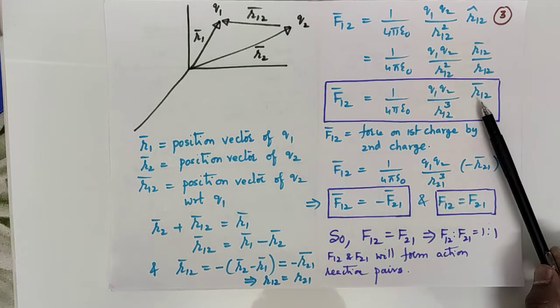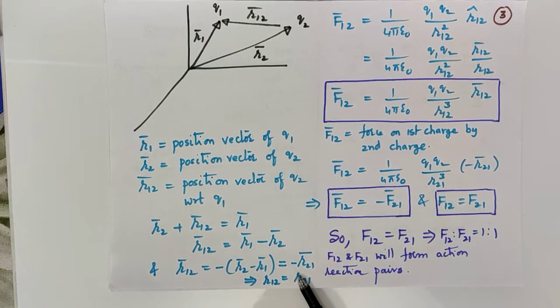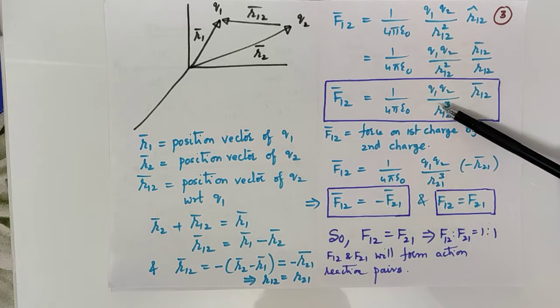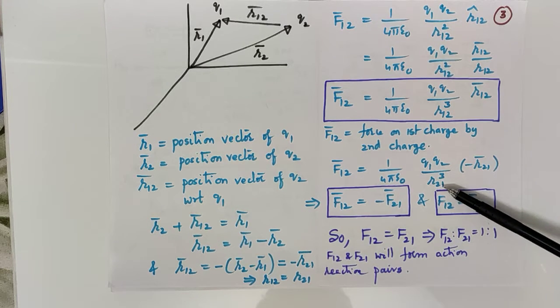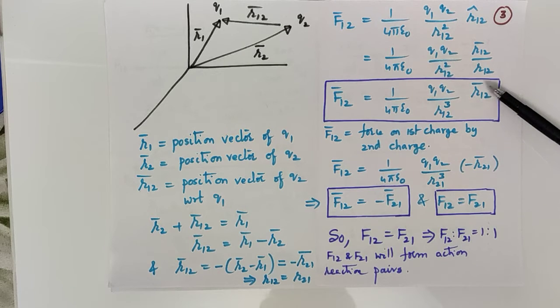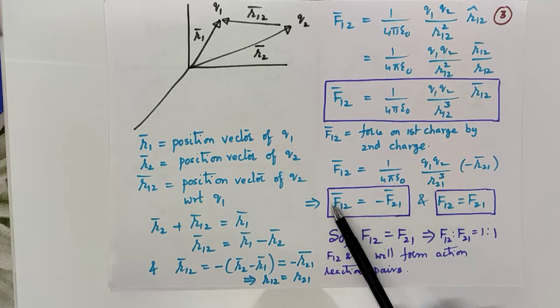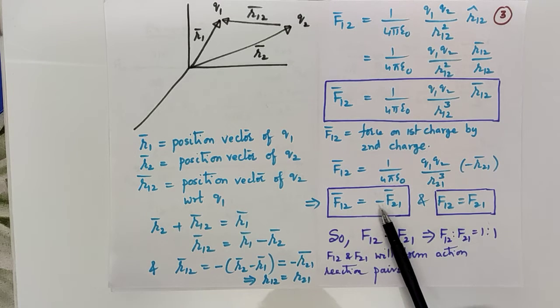Now, we can write R12 bar as minus R21 bar, and R12 is equal to R21. So instead of R12, I can write R21. Instead of R12 bar, I can write minus R21 bar. If I take minus outside, the remaining term represents F21 bar. So F12 bar is equal to minus of F21 bar.